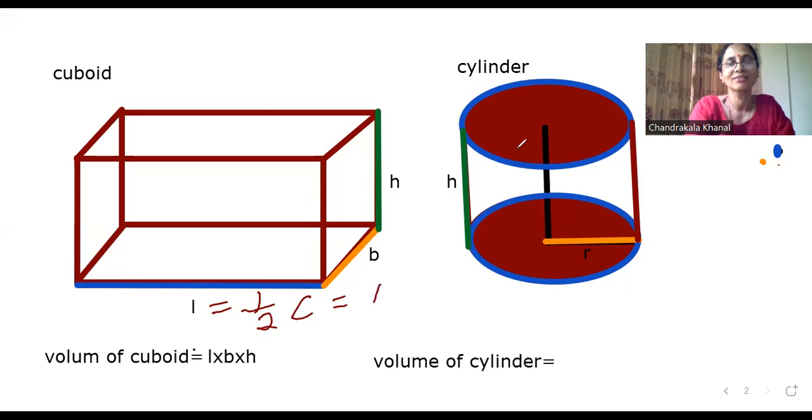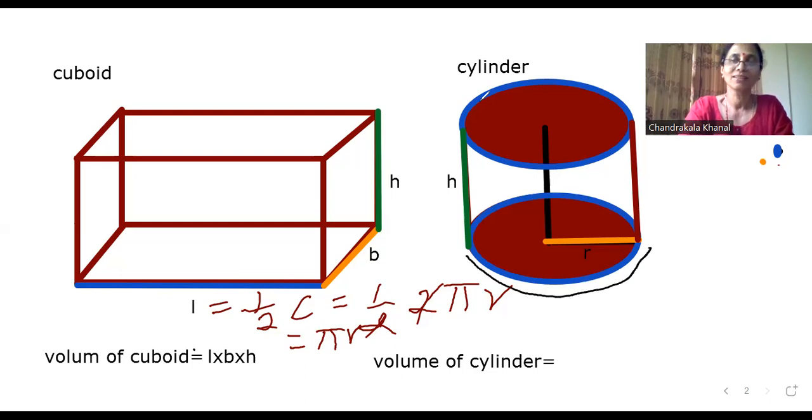Do you know what is circumference? Good, that is 2 pi r. So now cancelling, the length becomes pi r. Length of the cuboid becomes half of the circumference, this is pi r.